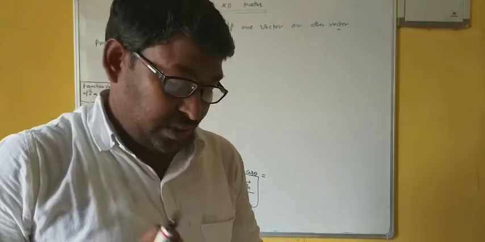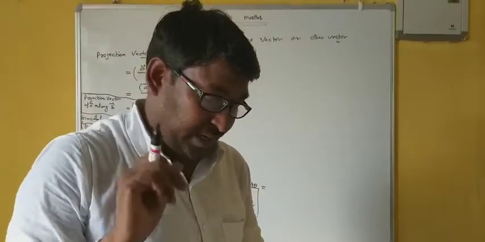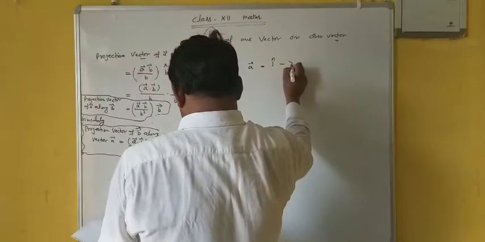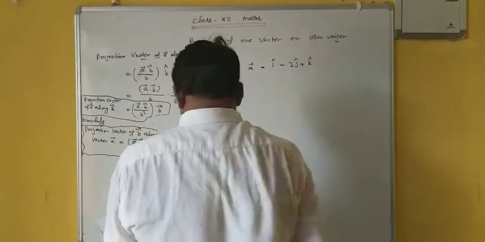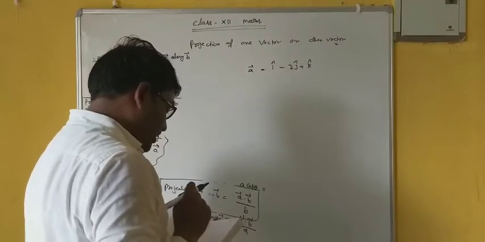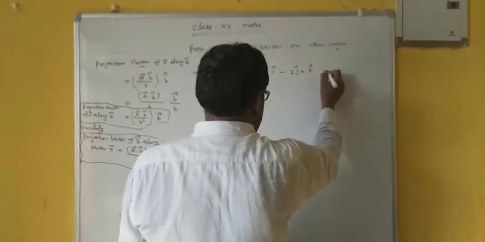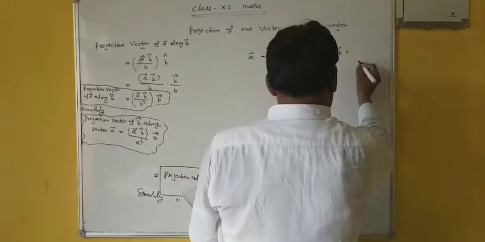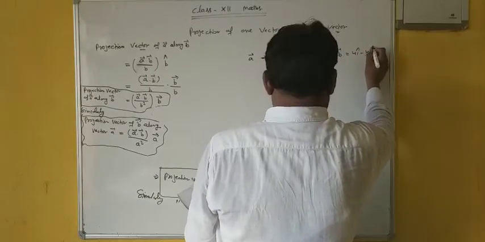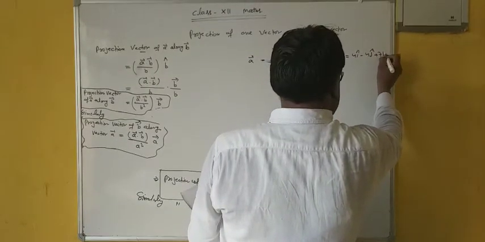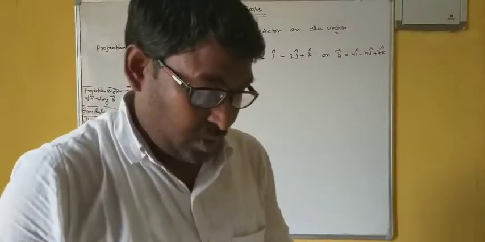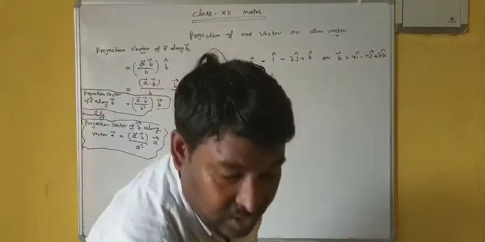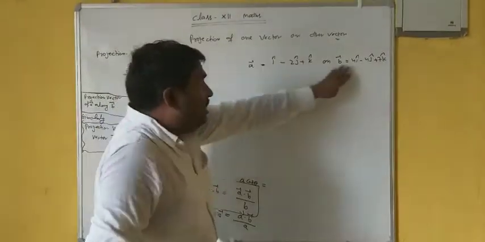There is a question: find the projection of vector A, where vector A is i cap minus 2j cap plus k cap, on the vector B, that is given by 4i cap minus 4j cap plus 7k cap. Here, see, the question is to find the projection of vector A, not projection vector. Here it is given to find the projection of this on this.